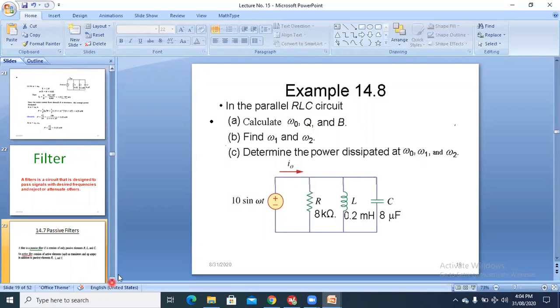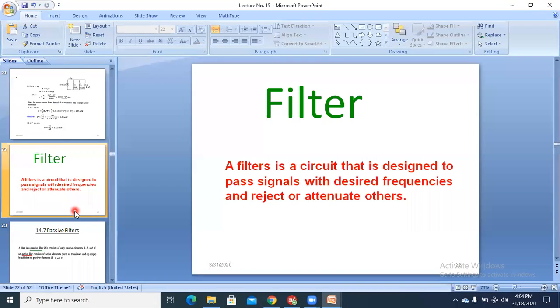So now we will give you a look at the filters. Filters are in fact circuits, RC circuits, RL circuits, or RLC circuits.